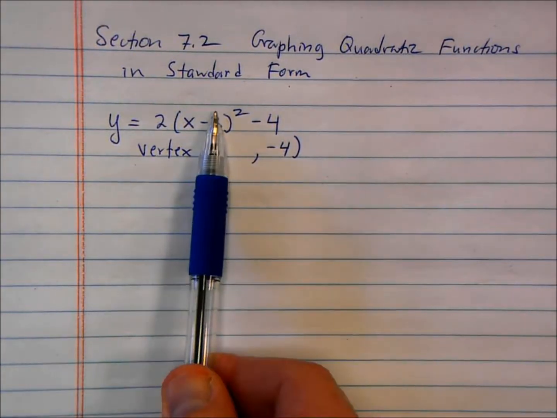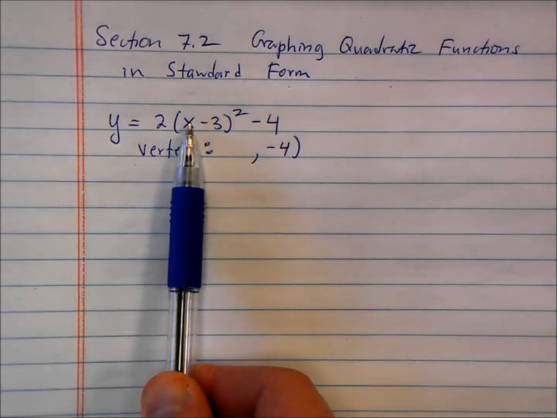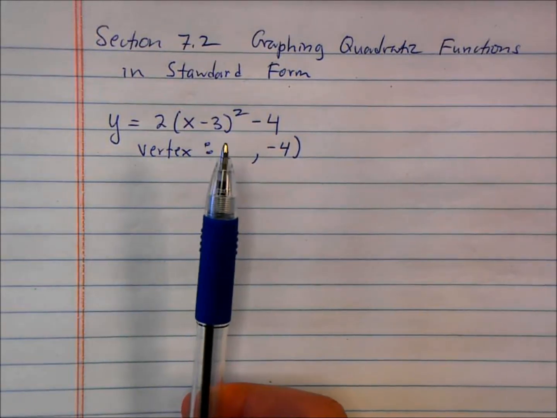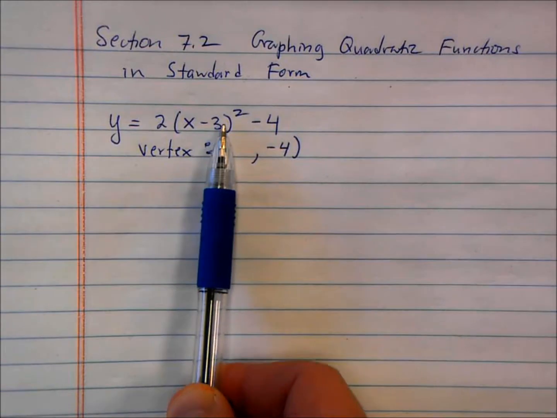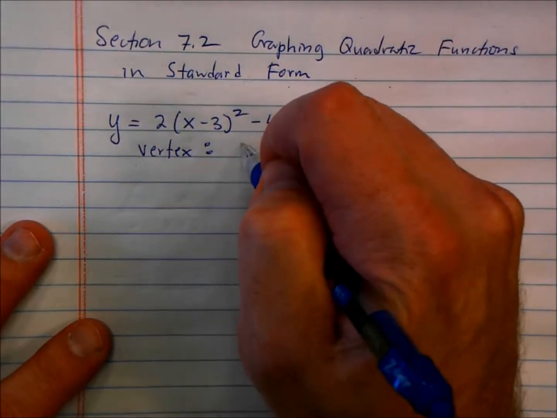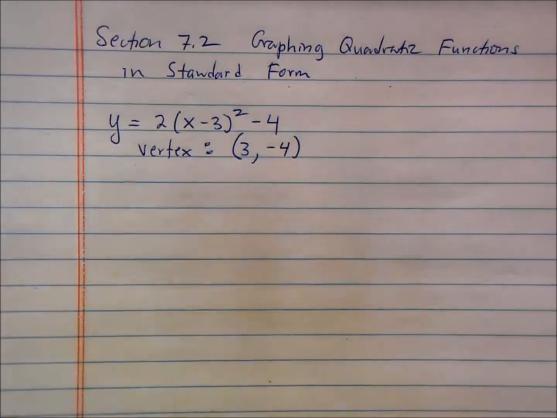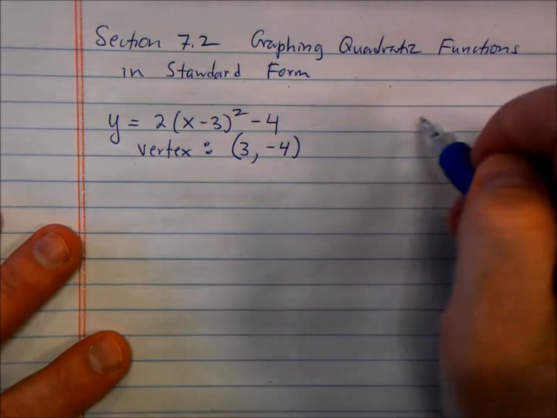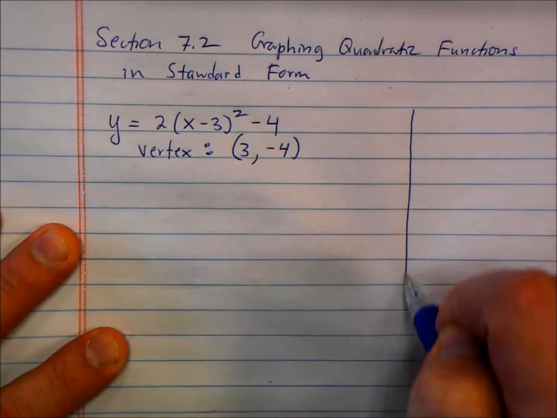So our y number on our vertex should be negative 4. And the number inside the parentheses here, this controlled the left and the right. And we saw that left and right kind of worked backward. A minus 3 moves the graph which way? Right 3. So our vertex should be 3 comma negative 4. And we go ahead and we can start drawing the graph now.